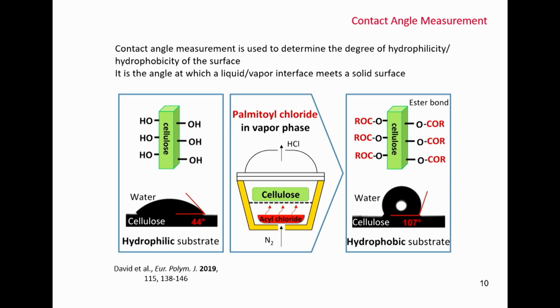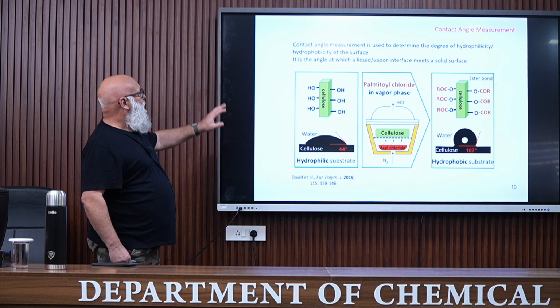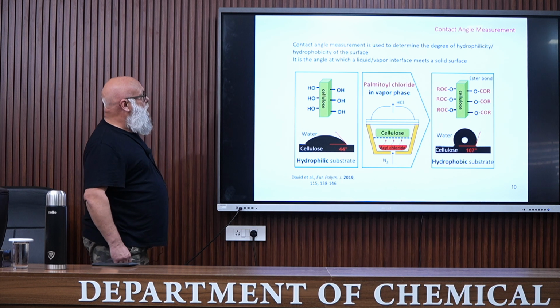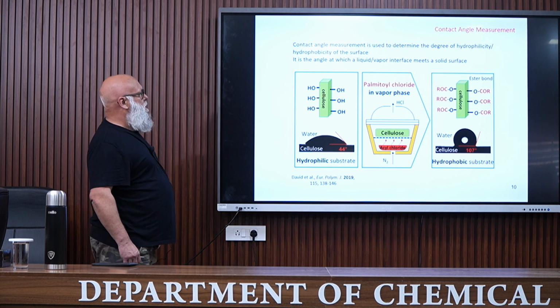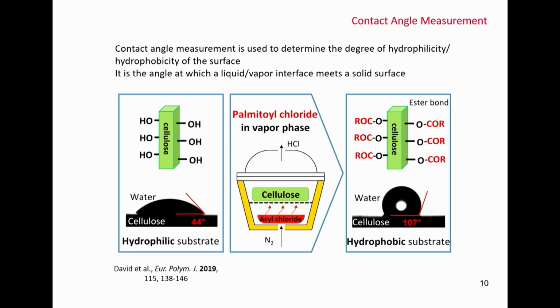So you probably know that contact angle measurement is used to determine the degree of hydrophilicity, hydrophobicity of the surface, and it is the angle at which a liquid-vapor interface meets a solid surface. So it is this angle after dropping a liquid droplet, usually water. In the case of unmodified cellulose, of course, water is hydrophilic, cellulose is hydrophilic.